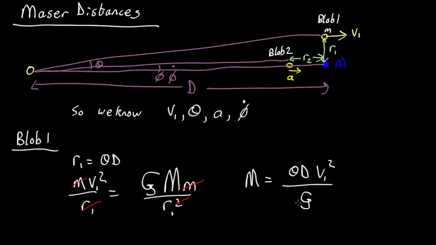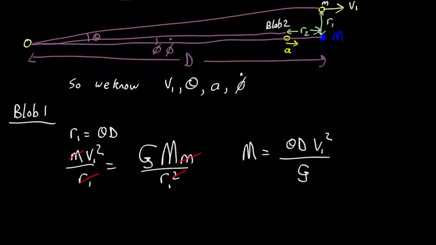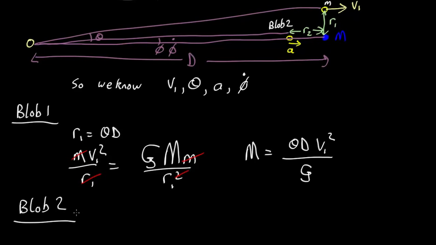Okay, so that's a good start, but not enough by itself. We've got two unknowns, d and m, in this equation. We're going to need another equation to solve it. So let's go for blob 2. Now in this case we know the acceleration, and the acceleration, when anything's going in a circle, is mv squared over r. Well, that's actually the force, so the acceleration is divided by the mass.